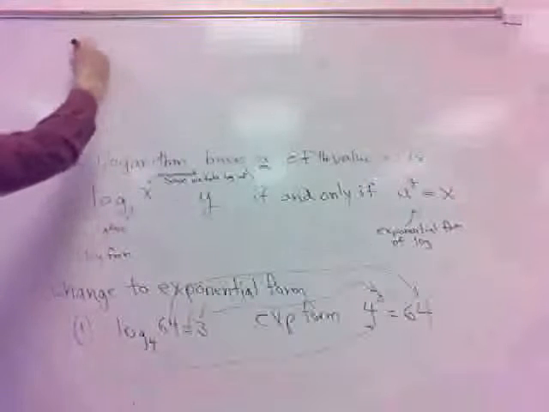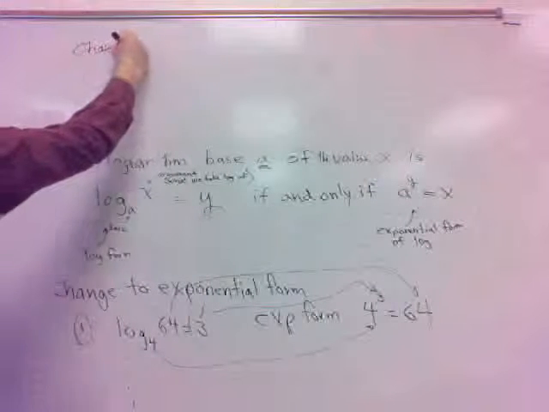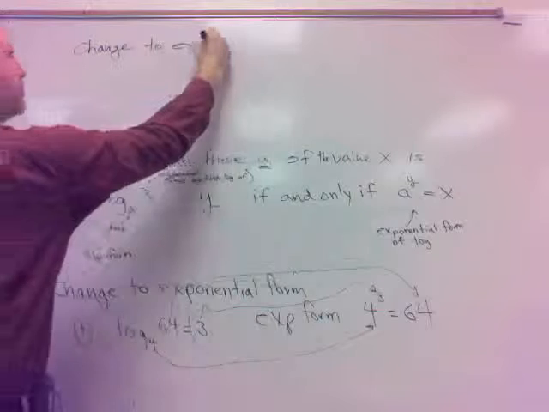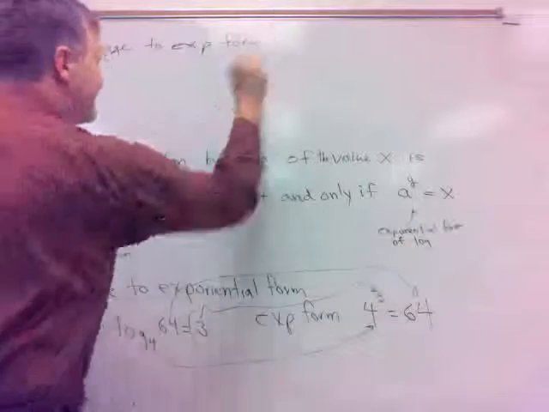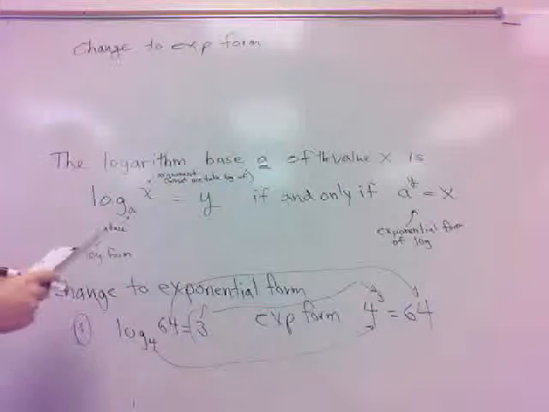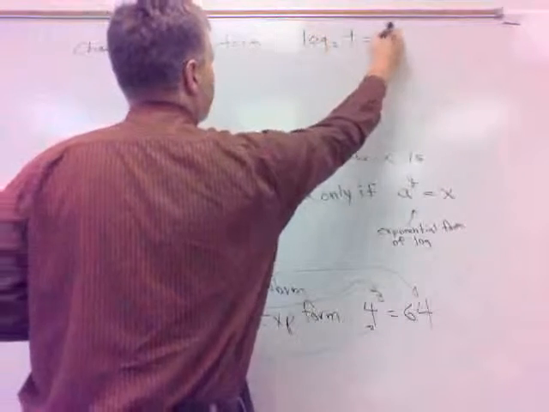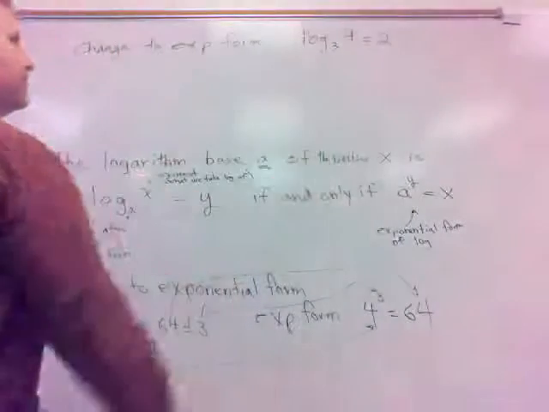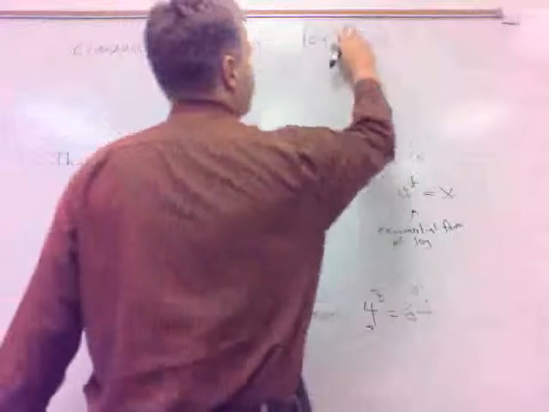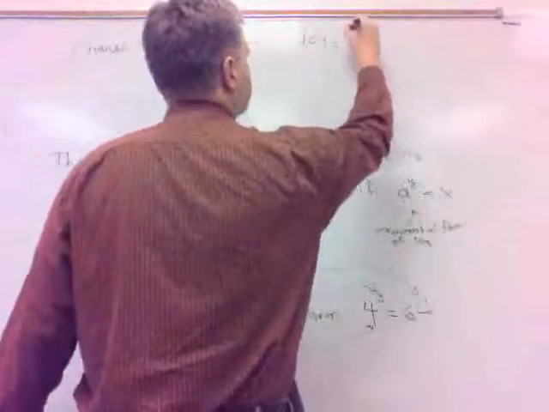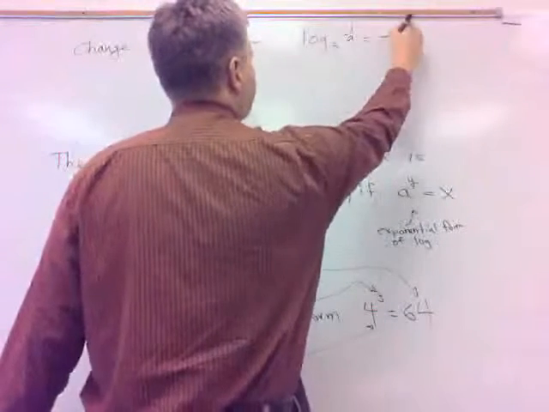All right, change this one to exponential form. Log base 3 of 1/9 equals -2.